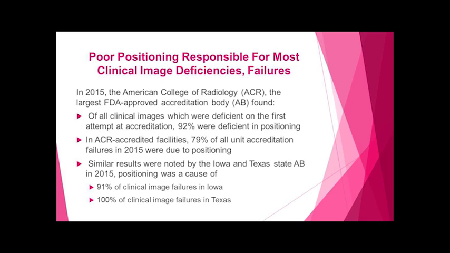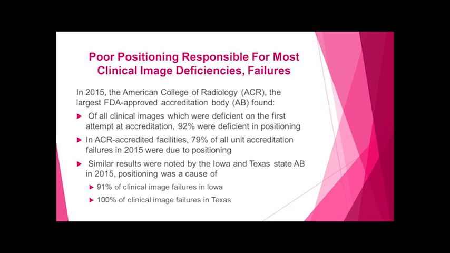In 2015, the American College of Radiology, which is the largest approved accreditation body, found that of all their clinical images which were deficient on that first attempt at accreditation, 92% were deficient in positioning. This is not news. This has been from the get-go, positioning and training, and really something that we're trying to address.